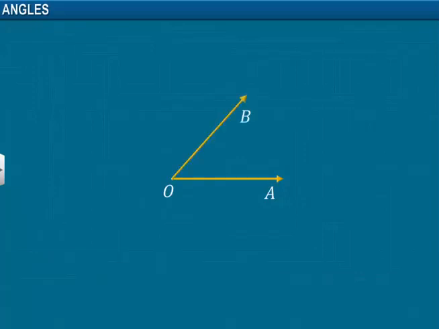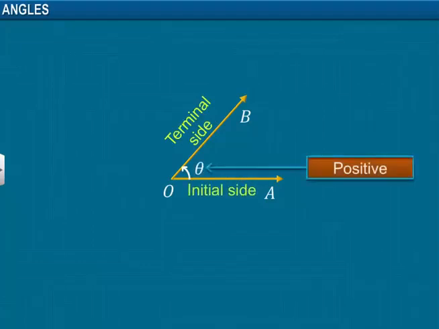Let ray OA be rotated in the anti-clockwise direction to meet ray OB. Ray OA is called the initial side of the angle and the destination ray OB is called the terminal side of the angle. If the direction of rotation is counterclockwise, then the magnitude of the angle is conveniently taken as positive.